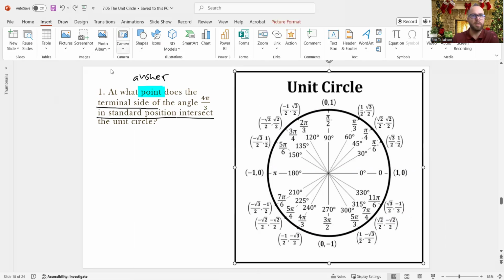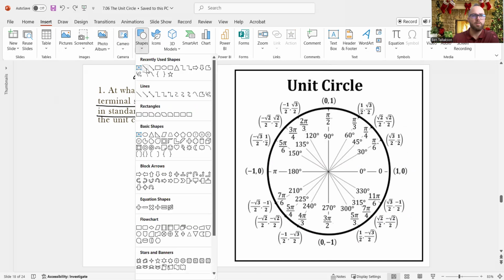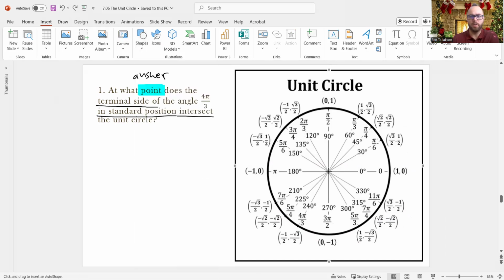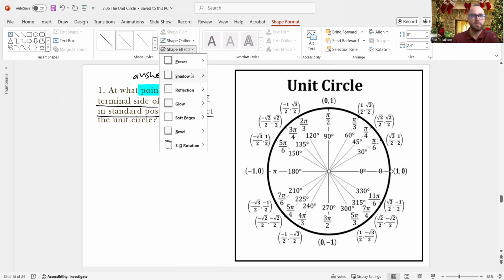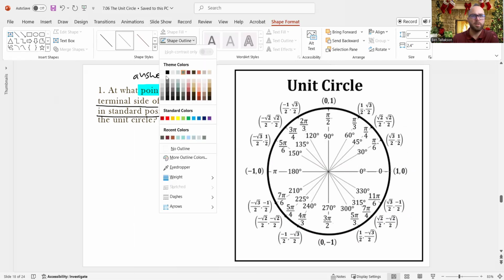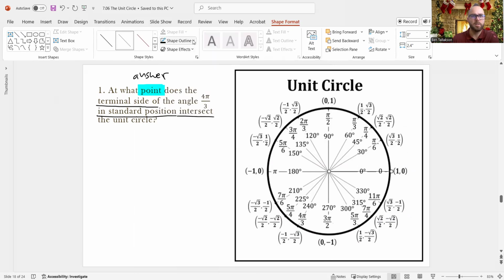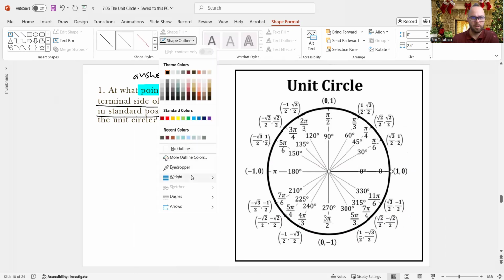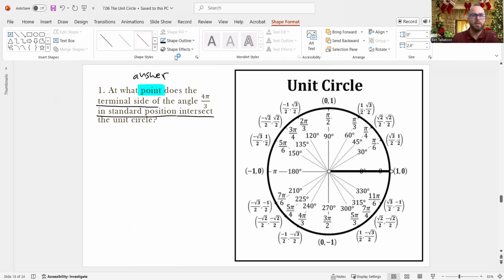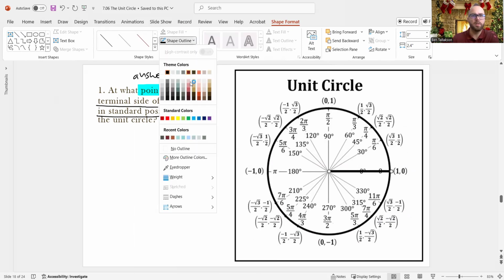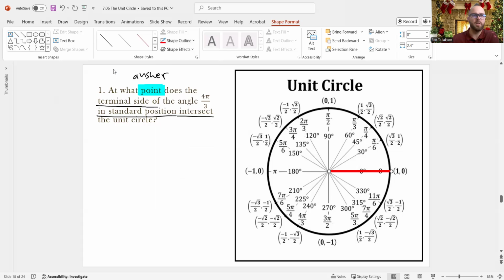Where did my line go? I'm adding a line here so we can really visualize this. Give me 1 second. Okay. And I'm going to change the color actually so it's easy to see. Here we go.